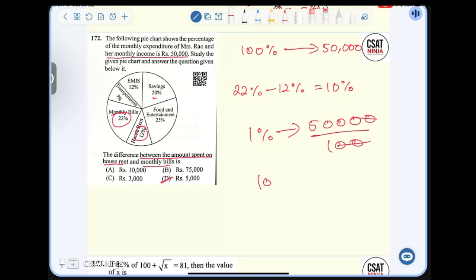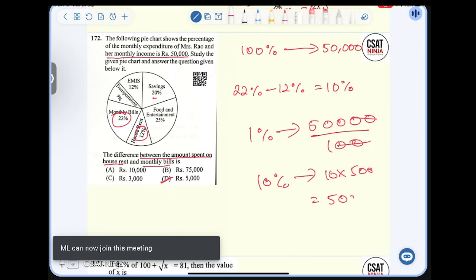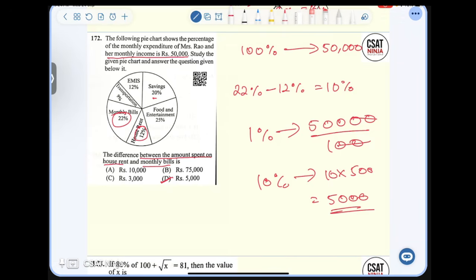That means 10% will be 10 into 500, which is equal to 5,000. So that's the answer here. Any doubts here? Clear? Okay.